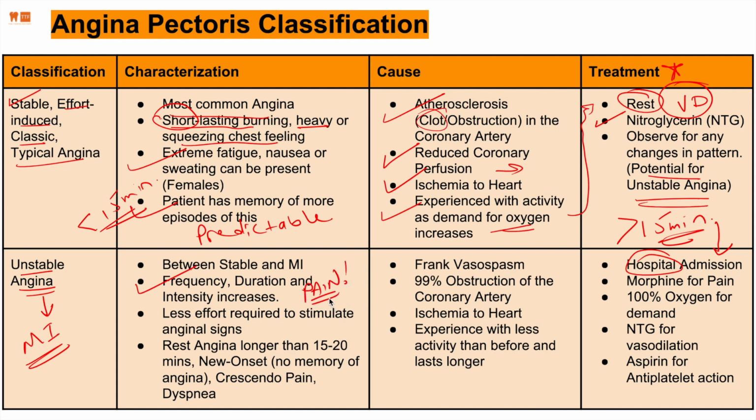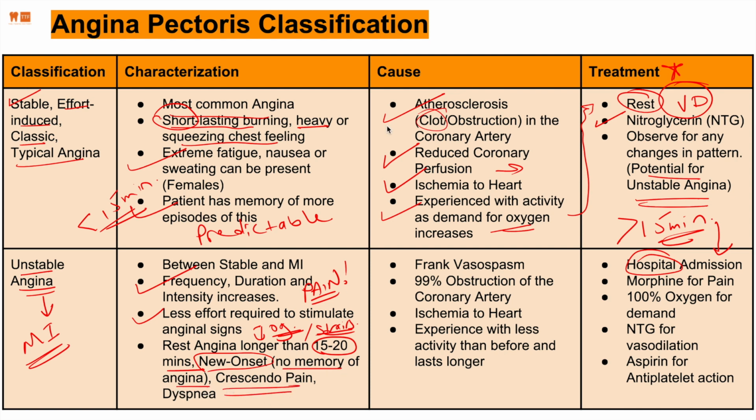Remember, center is pain. Less effort is required to stimulate anginal signs. So instead of a sprint, merely a jog or a walk up the stairs can lead to anginal pain, and that is unstable angina. Rest angina that lasts 15 to 20 minutes, a new onset, so when you don't have any memory of that angina.